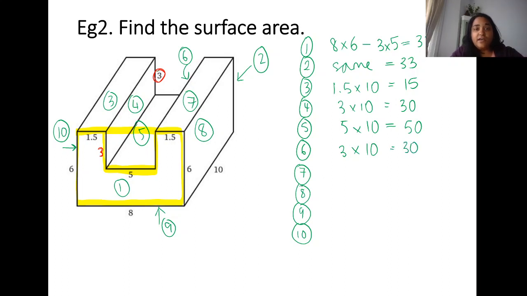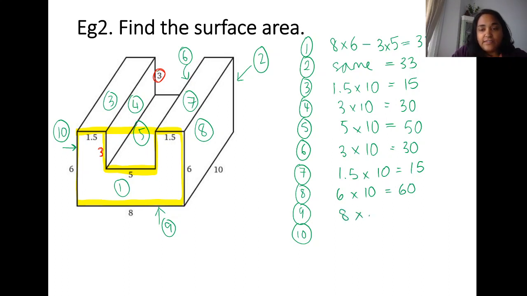My seventh side is going to be 1.5 times 10, 15. My eighth face is 6 times 10, 60. My ninth face on the bottom, it's going to be 8 times 10, 80. And then my other side, which is the same as face 8, 6 times 10 is 60.